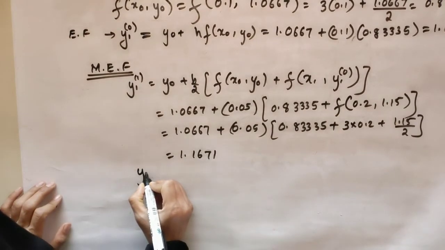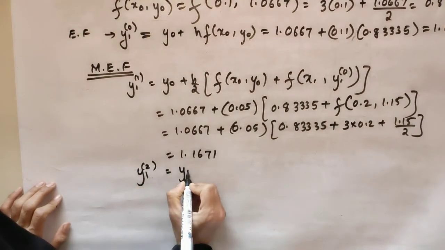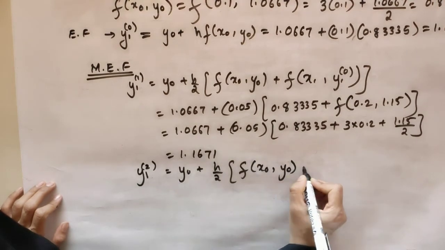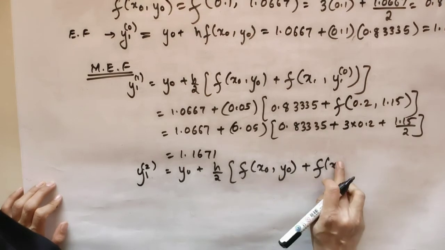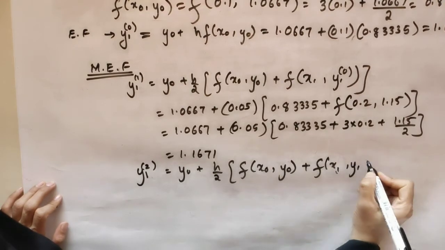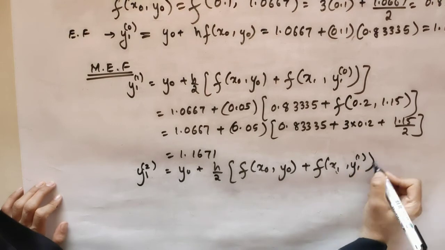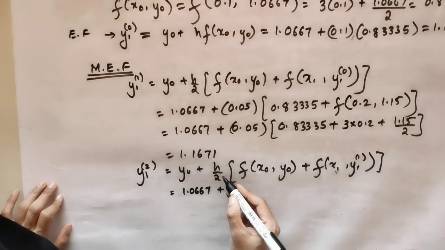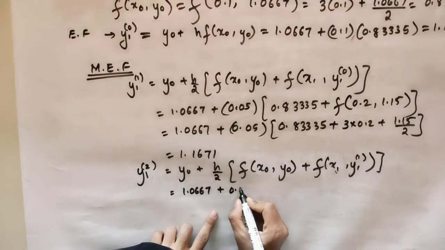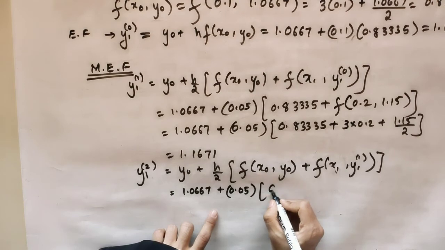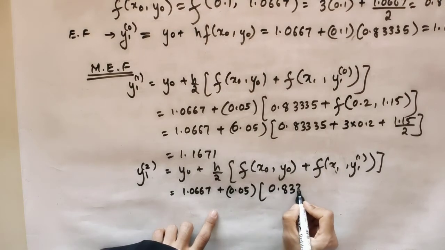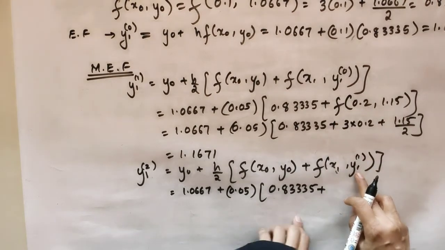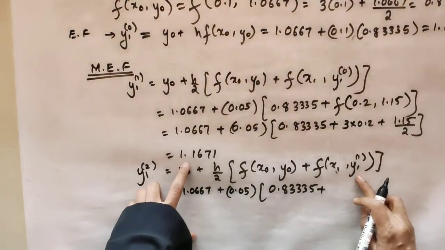Similarly, let us work out the y1 second approximation. Use the formula. So x1 comma y1 first approximation you are going to use here. Substitute all the values. h by 2 I already know, so I'm not going to simplify it again and again, just keep the values directly. This is 0.8335 plus, x1 I know is 0.2, but this time I have to use the new value for y1, divided by 2.